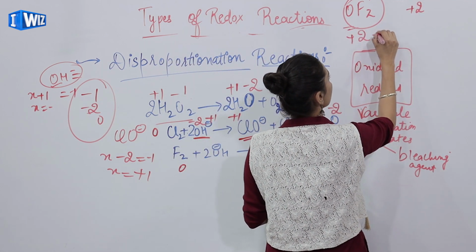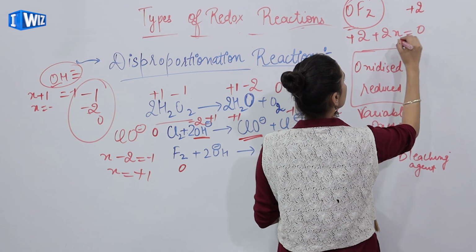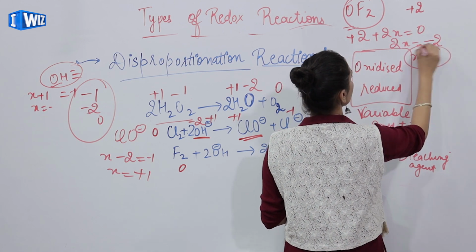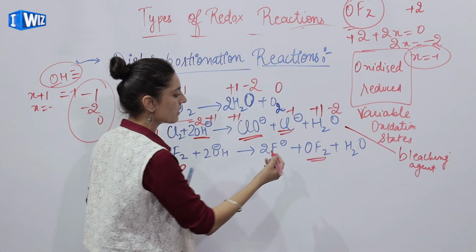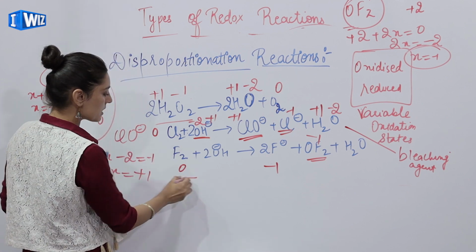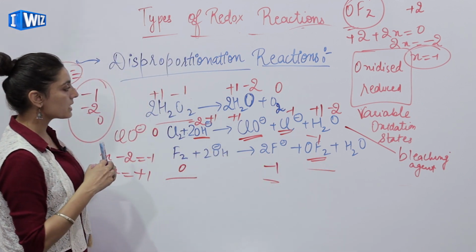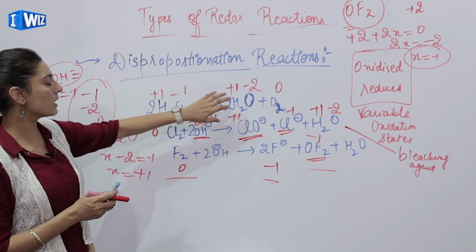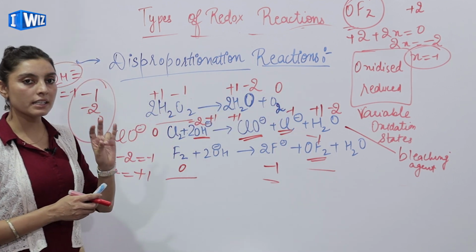If oxygen is +2, then here it is +2x, we have 0, 2x is equal to -2, x is equal to -1 again. So fluorine is present in the -1 state. See, 0, -1, -1. But if we talk about the other one, here oxygen was in the -1, here it is in the -2 and the 0 state.